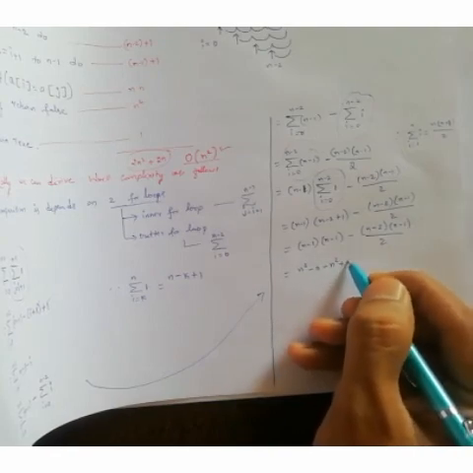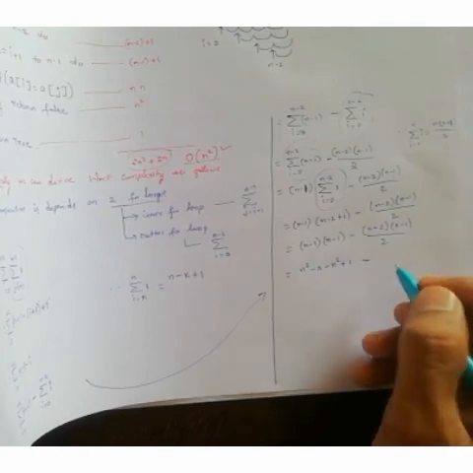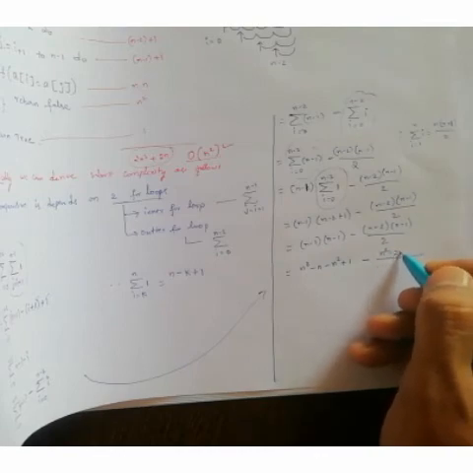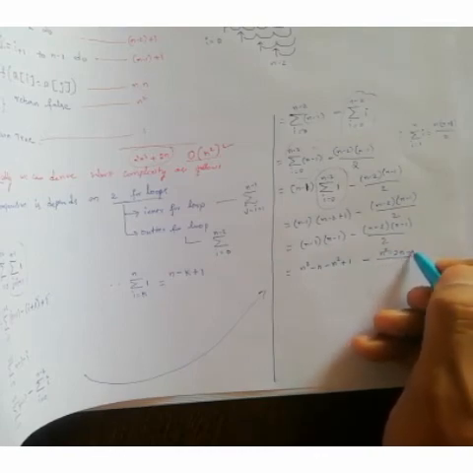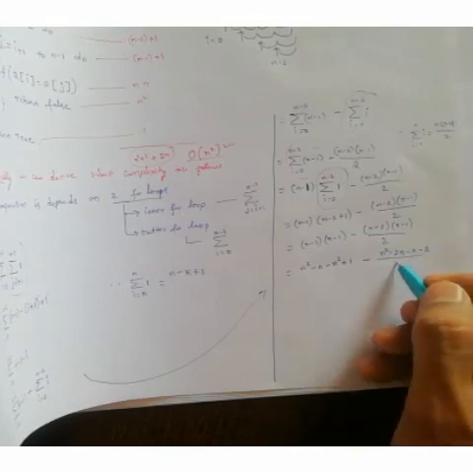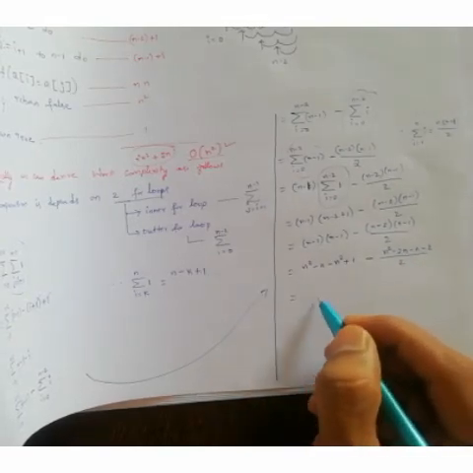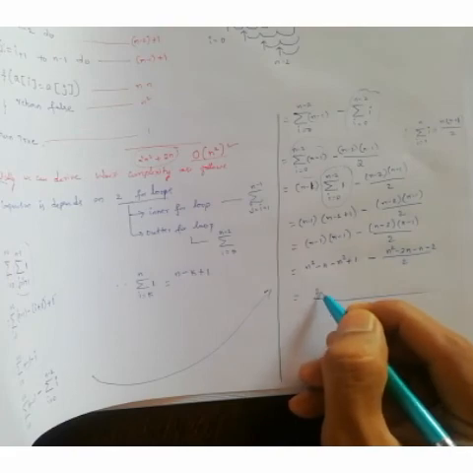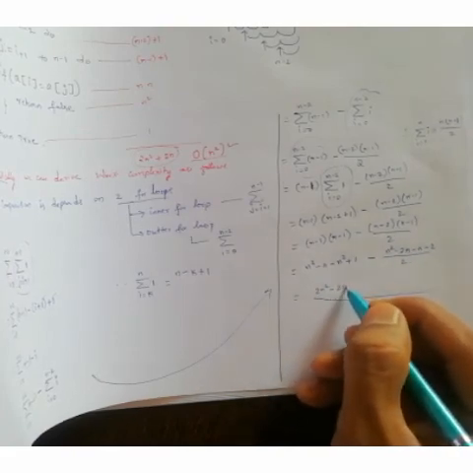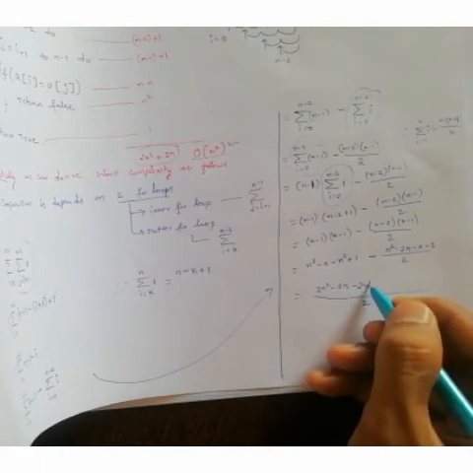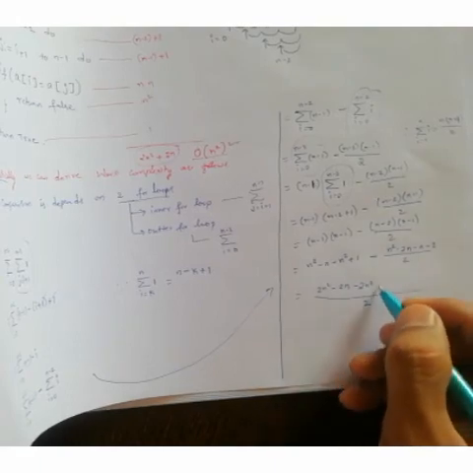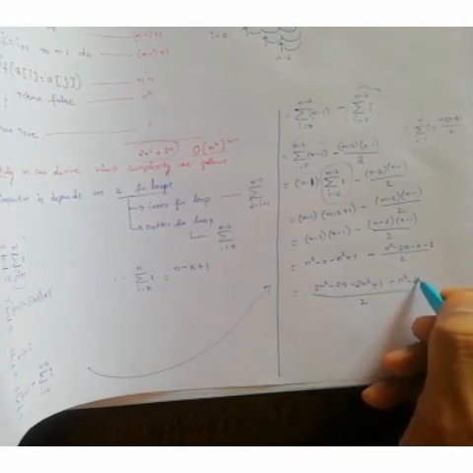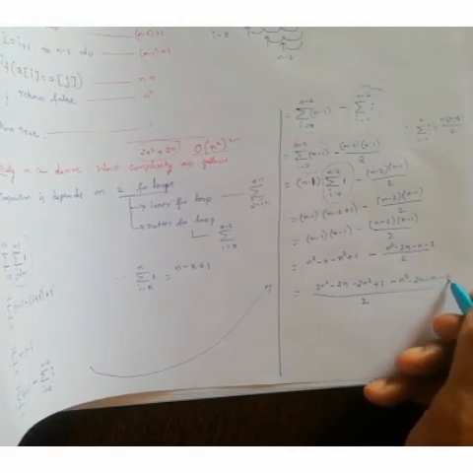n into n square minus n square plus 1, minus n into n square minus 2n minus n minus 2, divided by 2. Okay, now just take the LCM for these two. So 2n square minus 2n minus 2n square plus 1 minus n square minus 2n minus n minus 2.